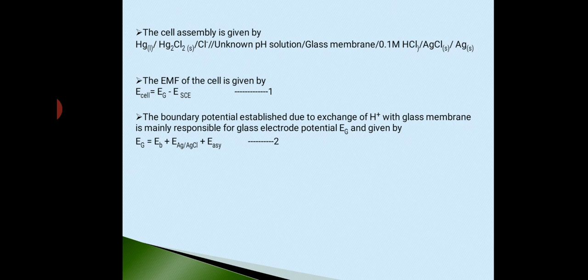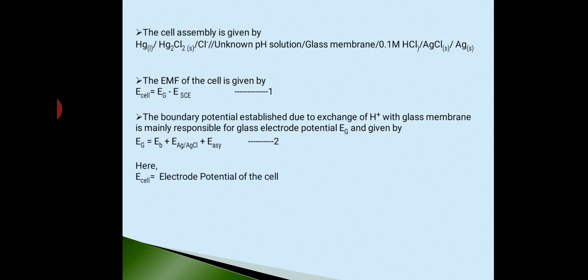So Eg is Eb plus E_Ag|AgCl plus E_ASY. These three combined give the Eg value. Now here we have only notations Eb, E_Ag|AgCl and E_ASY. Still we didn't get any concrete equation. So now the next step is to arrive at a simplified equation for this.